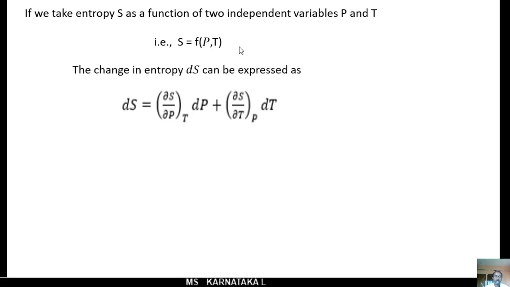The change in entropy dS can be expressed as dS equals dou S by dou P at constant temperature into dP plus dou S by dou T at constant pressure into dT.